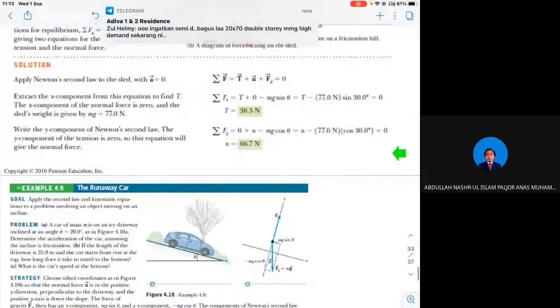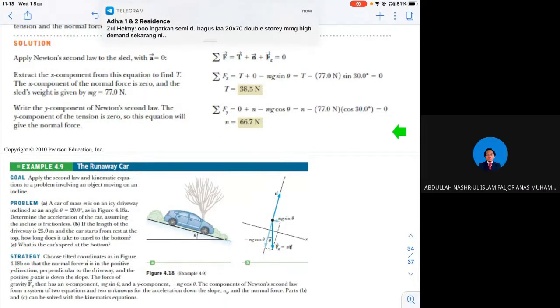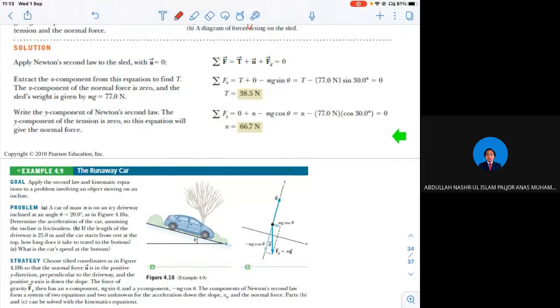The summation of Fx equals 0, because nothing is moving, not along x and not along y. So T minus mg sin theta equals 0, T equals mg sin theta.